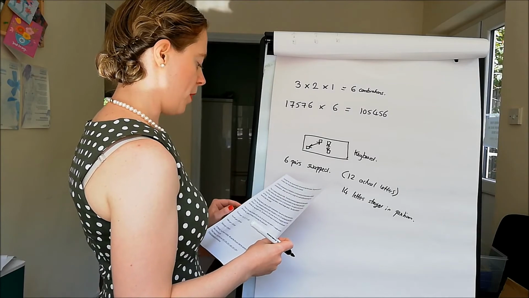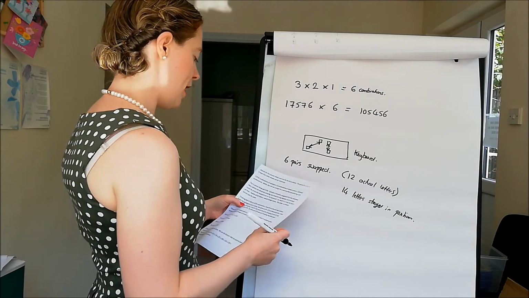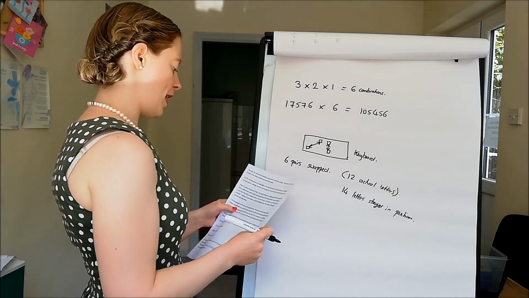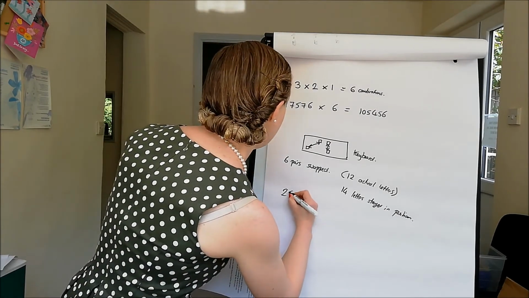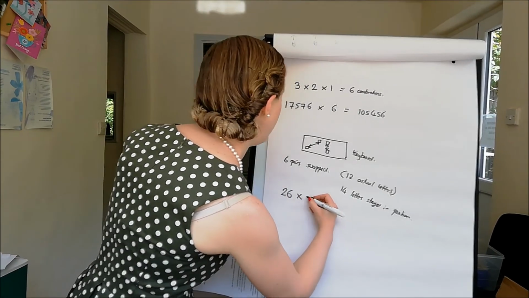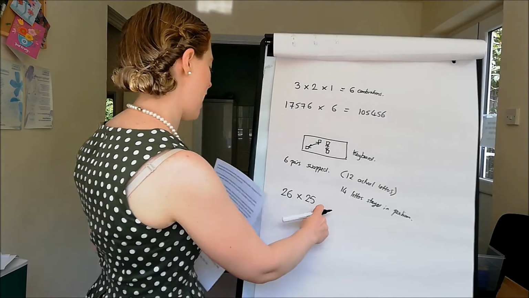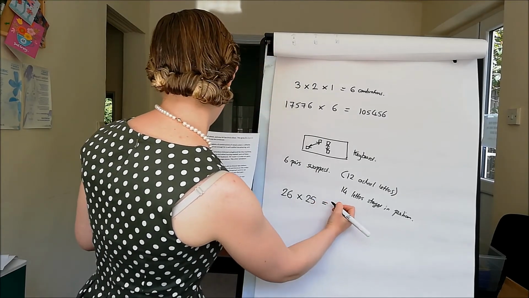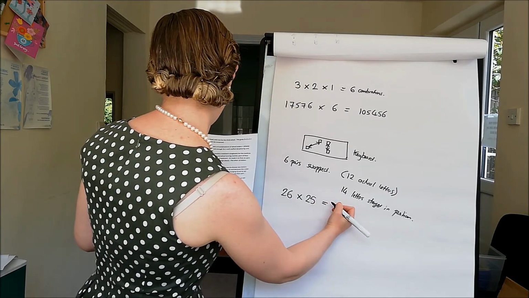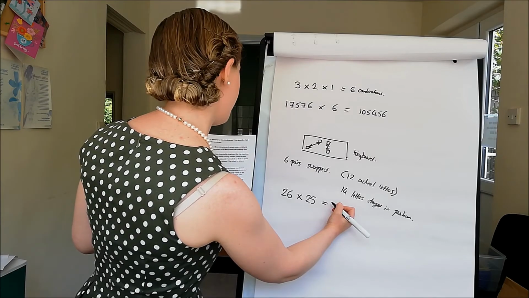Thinking back to our GCSE combinations, if we're to choose 2 letters from the alphabet to switch places, there's 26 to choose from, and then after we've taken one, there's 25 left. So there are that many combinations of letters to choose from.